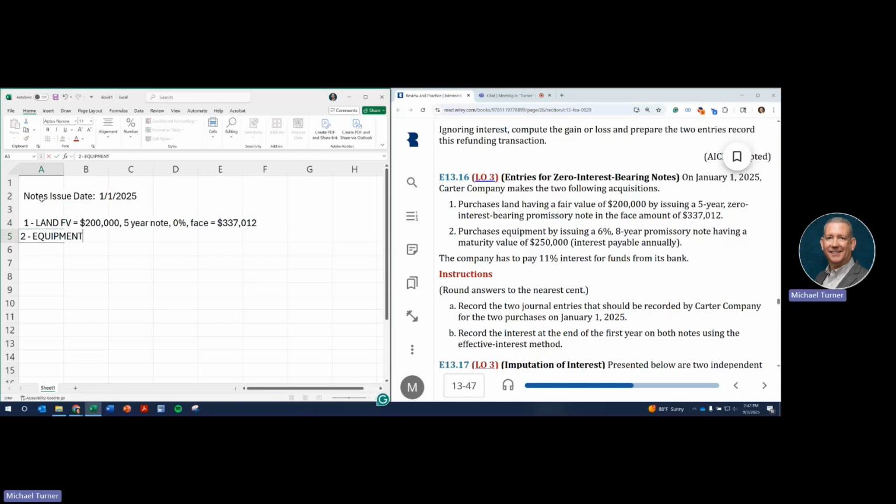And then for number two, we have equipment. We do not know its fair value. We know that it is an 8-year note. It carries 6% interest, and it has a maturity value of $250,000.